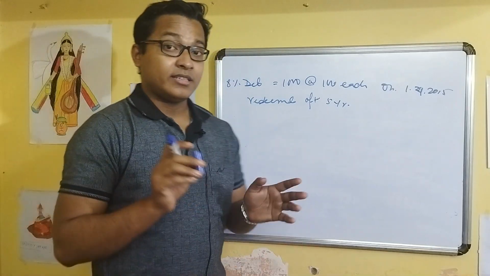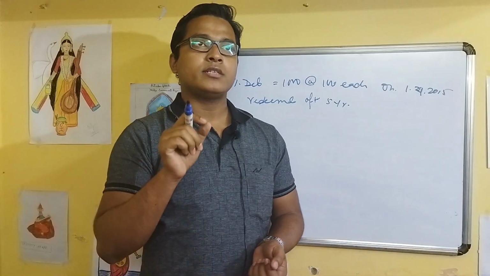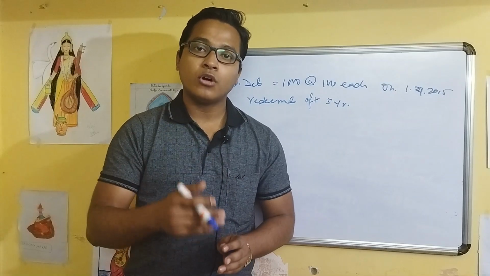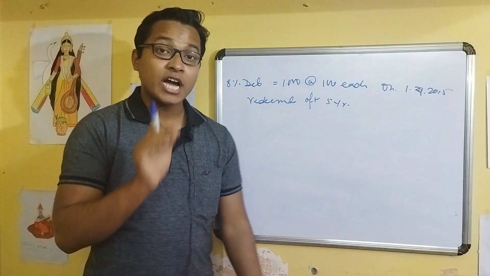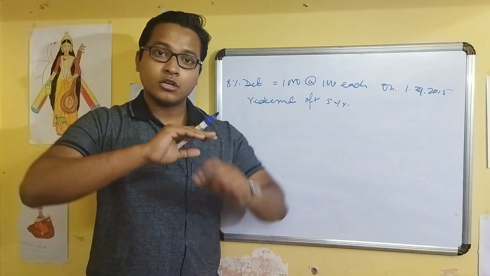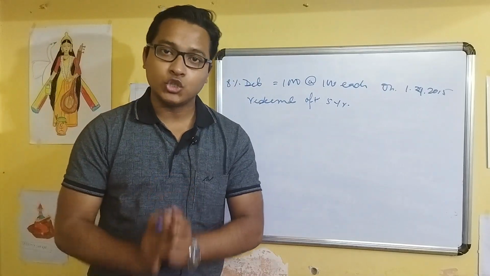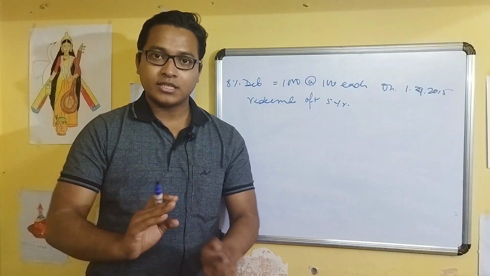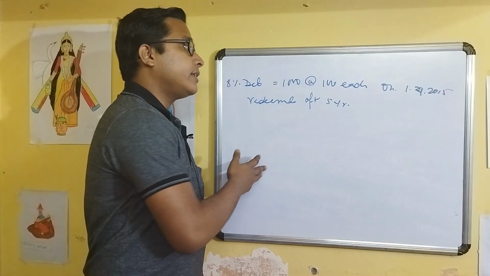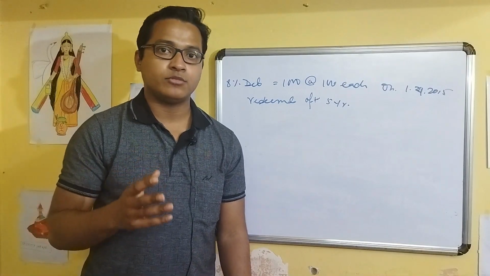Remember, this is very important. 15% of the debentures maturing for redemption, and the DRR now is 10% of the entire debenture issued. This distinction will be clear in our next video, the drawing lot method of redemption.